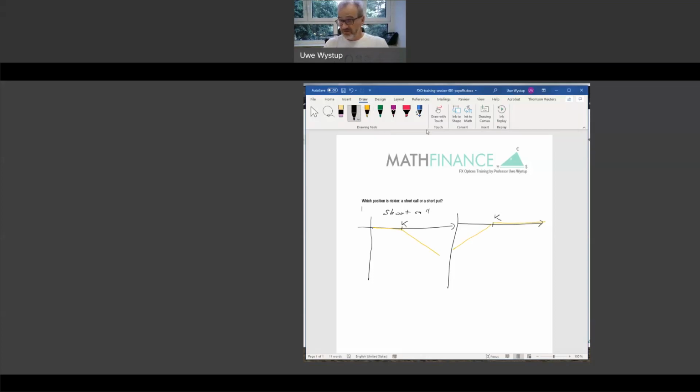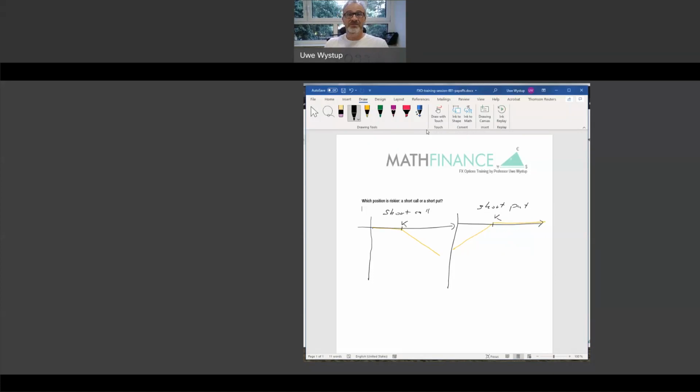And the question is, which of these positions is riskier? Short call or short put? Right, so that's the question. What would you rather have in your portfolio, a short call or a short put, from a risk perspective? Now, this is a very simple question, right?